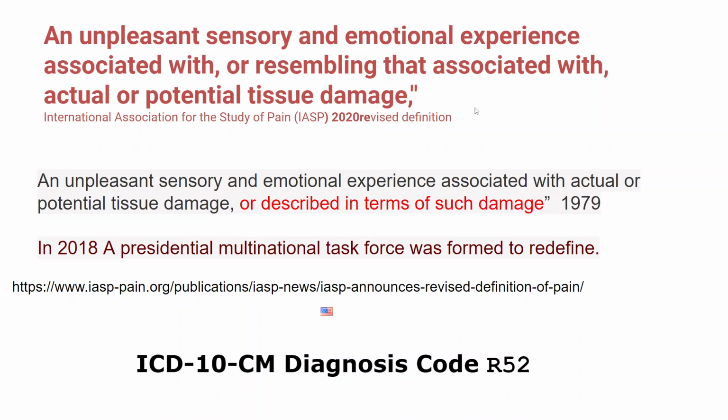Whether there is actual or potential tissue damage, an unpleasant emotional experience can be defined as pain. And pain as a diagnosis is accepted by the ICD as a code of R52.